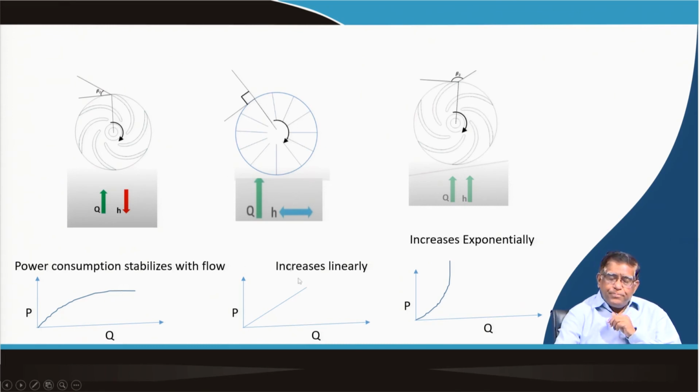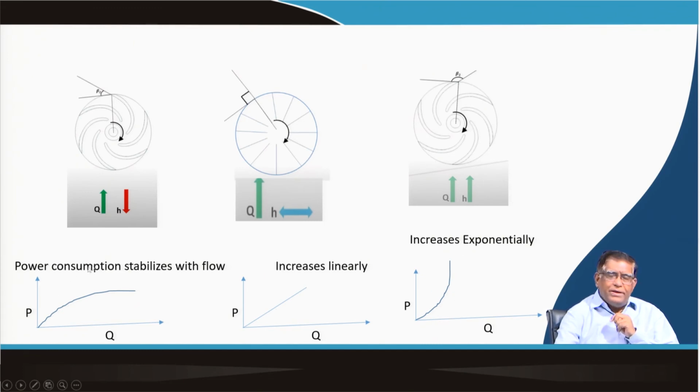But in the case of radial, the power will keep on increasing, and in this case it will be increasing exponentially. That is why, if we ask which type we will select for a particular use, if the power increases like this with the increase of quantity, when we try to get more quantity, that means the motor will get burnt.